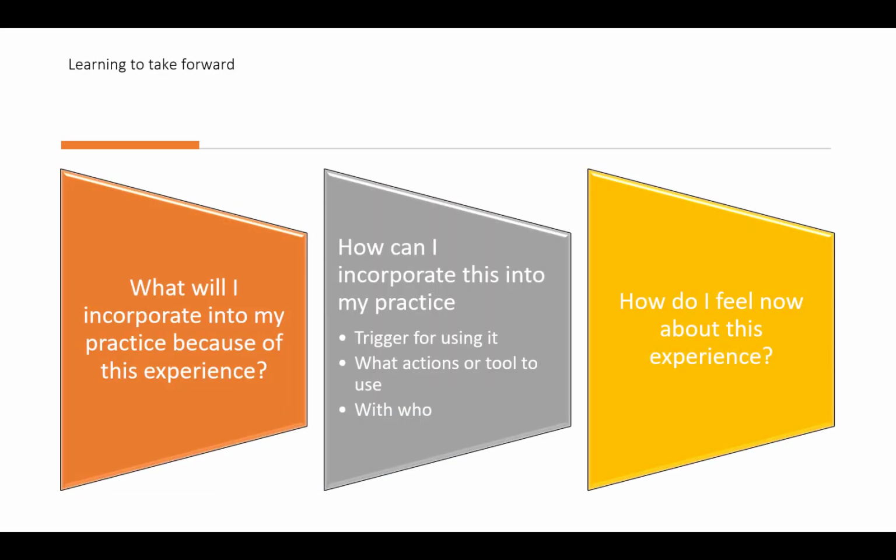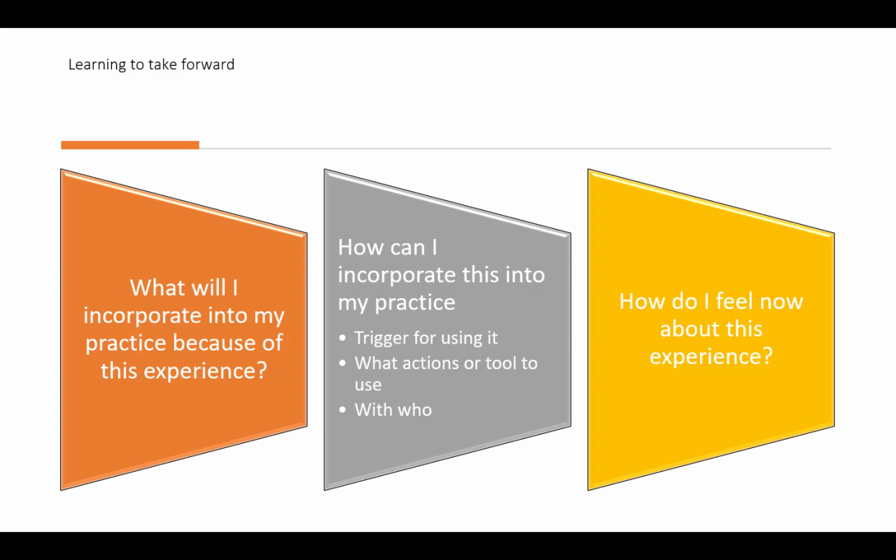The last part that John suggests to do to complete your reflection is to take this knowledge forward. So what we're asking for here is an explanation of how you're going to incorporate this knowledge into your future practice. You might look at what's going to be a suitable trigger for knowing that you're going to use this knowledge. And you can describe what actions or tool that you're going to use.